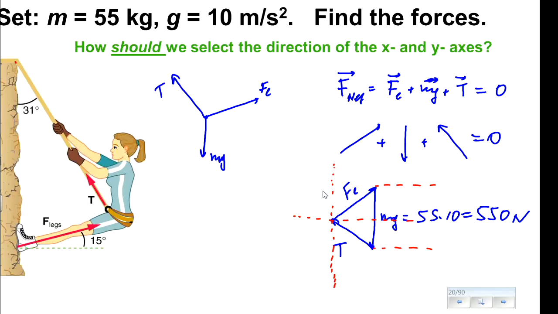This angle. Vertical direction and the tension. Where is my tension? 31.